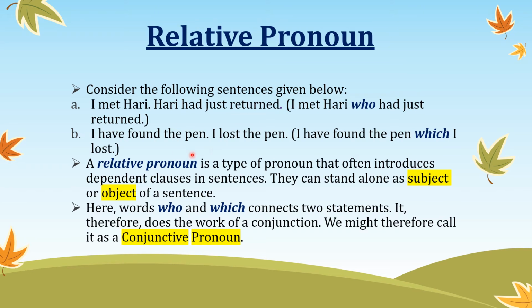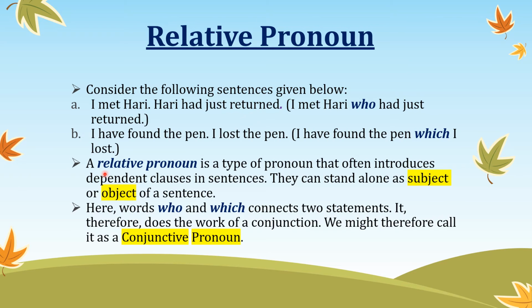So twice I have the word pen in both sentences. I would use one pen and skip the other. Instead of that, I would use a conjunction, that is which. As it is a thing, I would use which. I have found the pen which I lost. So here which is pointing towards the thing or noun. I could say the pen in the second sentence.